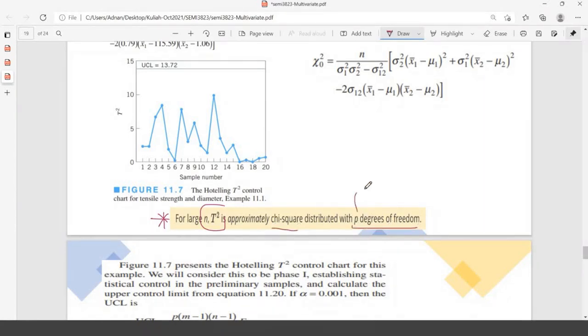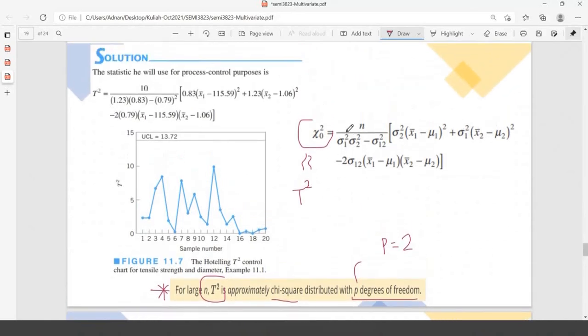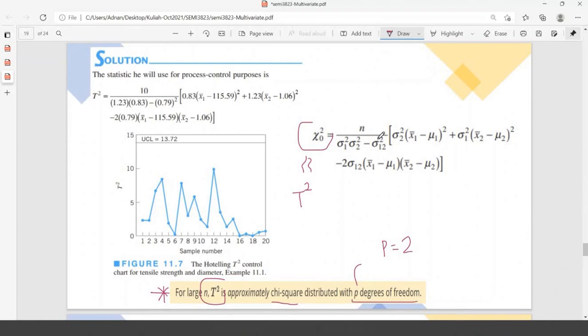In our case, P equals 2 because we have two variables. So this can be approximated as T square. The formula looks scary, but actually it is not that difficult because we already have this data.